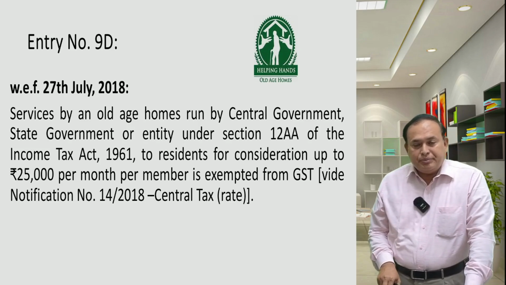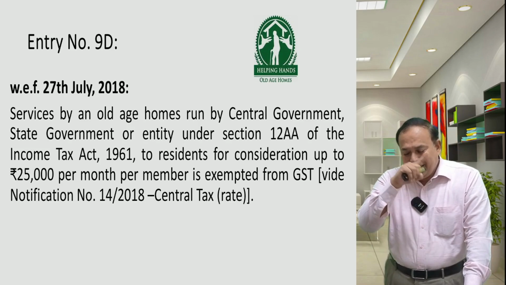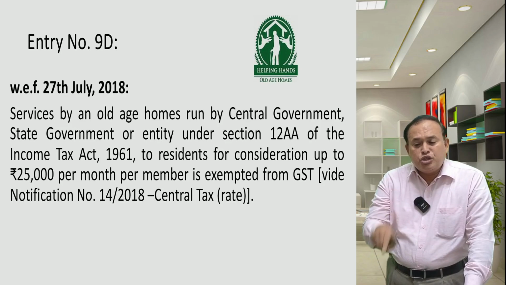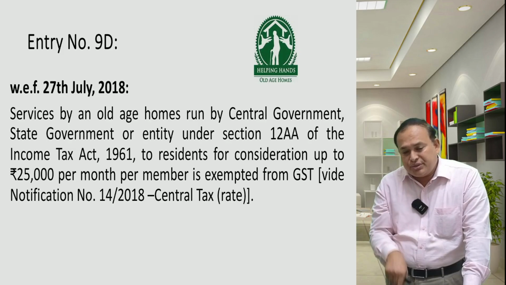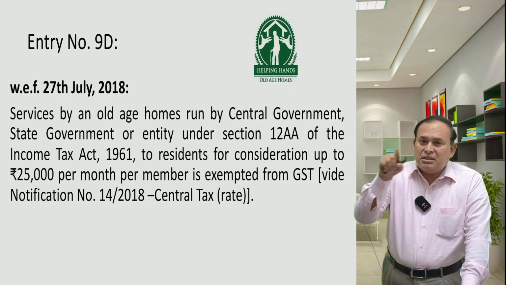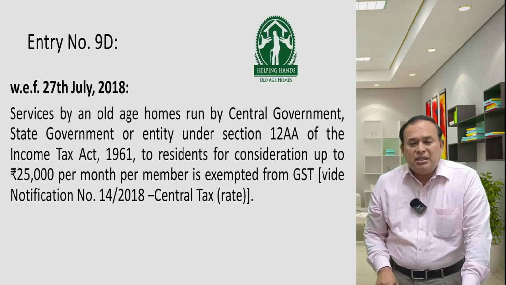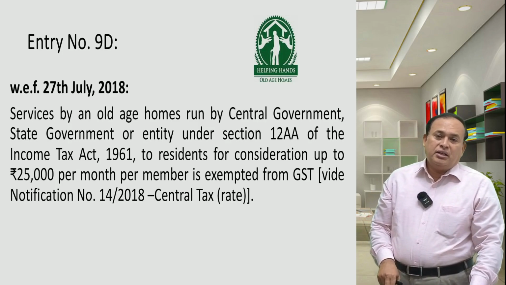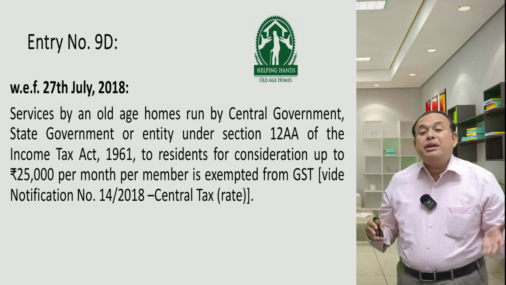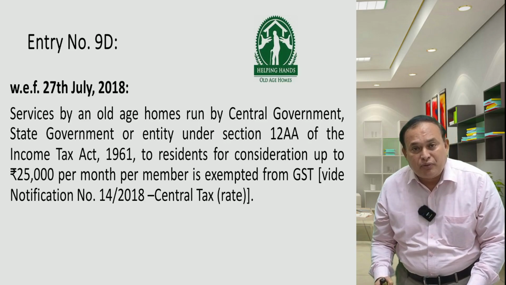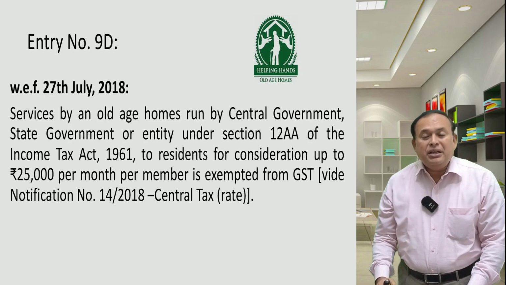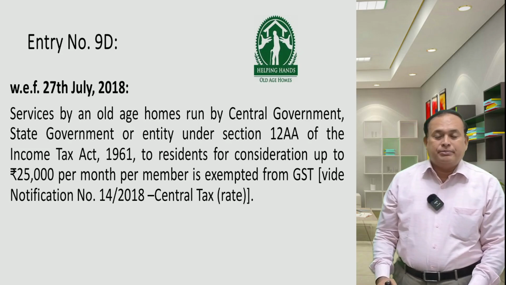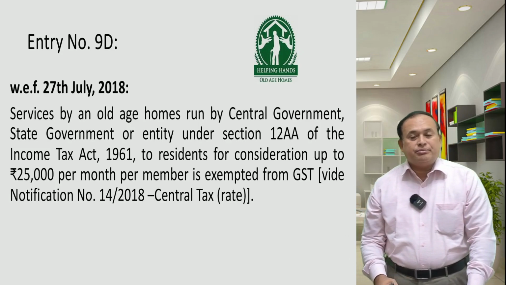What do you mean by this? The recipient should be a resident. It should be old age home services. Per month, per member, it should not charge more than 25,000. Then in that case, the supplier of this particular old age home service must be a section 12A or 12AB of the Income Tax Act registered person, then it qualifies for exemption.